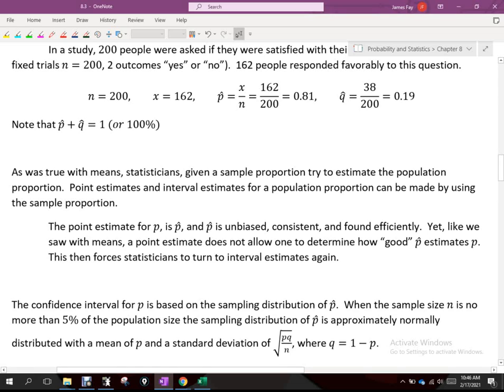Yet, like we saw with means, a point estimate does not allow one to determine how good P hat estimates P. P hat of 0.81 might not even be anywhere close to P. Might be spot on, but it might be very, very different. So what do we do? We turn to interval estimates instead.